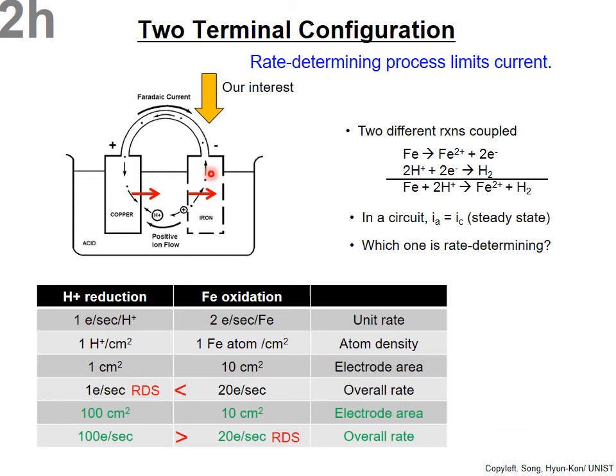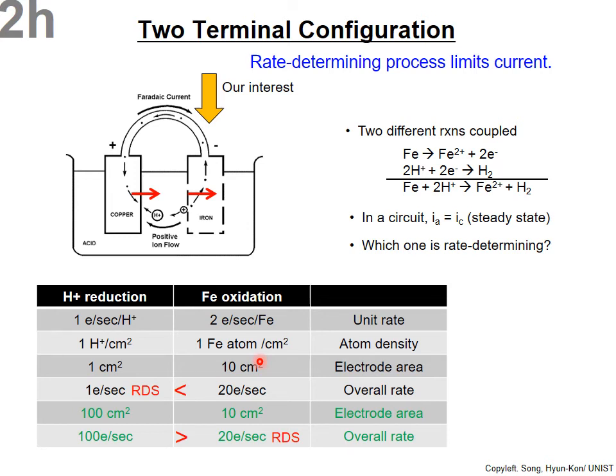So let me think about the surface atoms. My assumption is that there is only one Fe atom per every centimeter square on the surface of the iron bar. Of course, this is not true, but this is just an assumption. And also, I have used an iron bar having 10 centimeter square surface area.